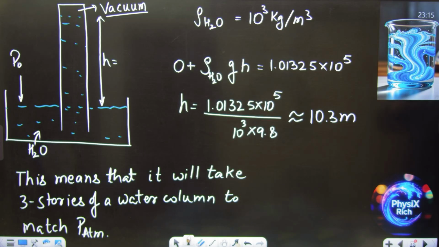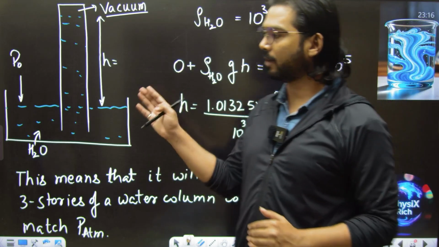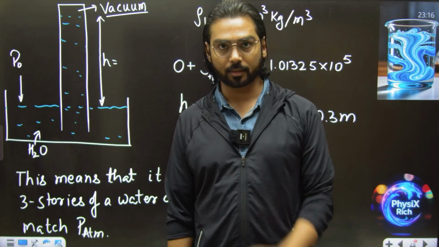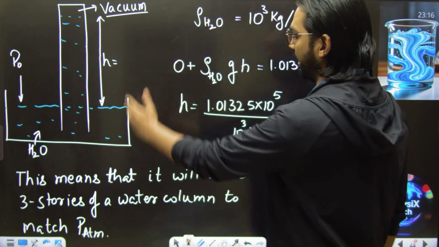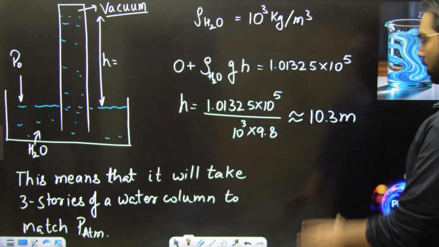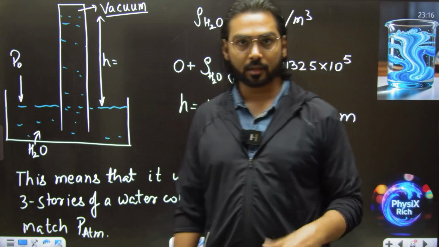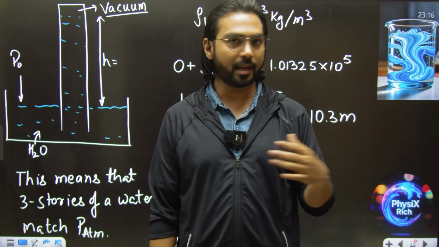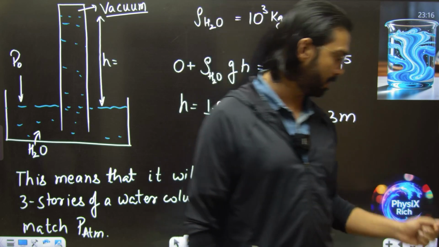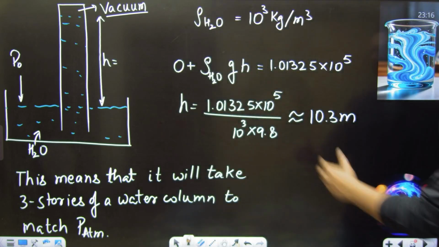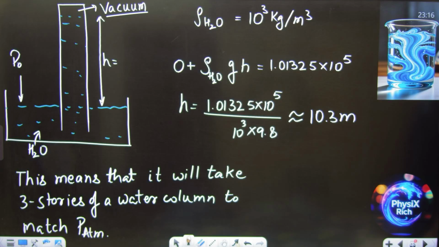Now, if I try to do this exact same thing with water, I get a height of 10.3 meters. That's a very, very large height. It's about 33, 34 feet, like a 3-story tall building, and it's practically impossible to build a barometer of that kind of height.